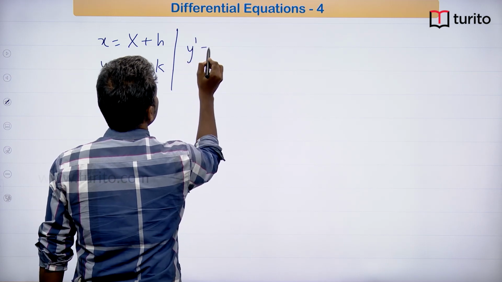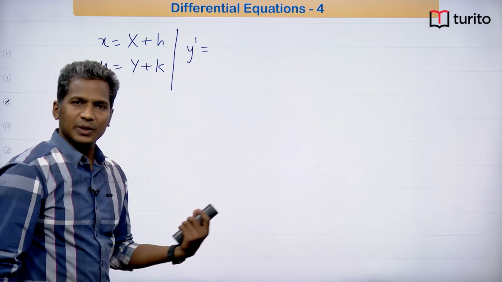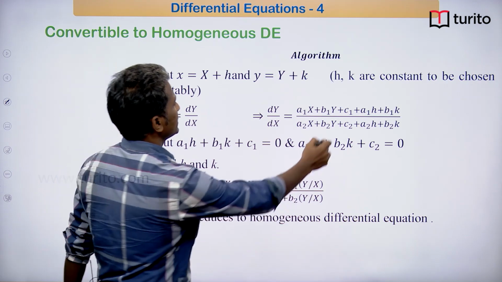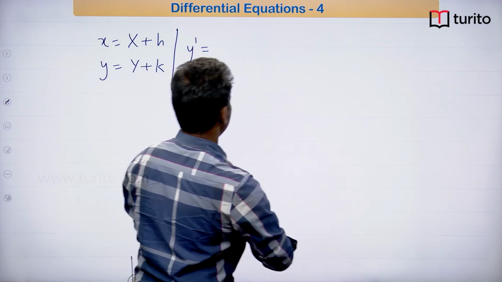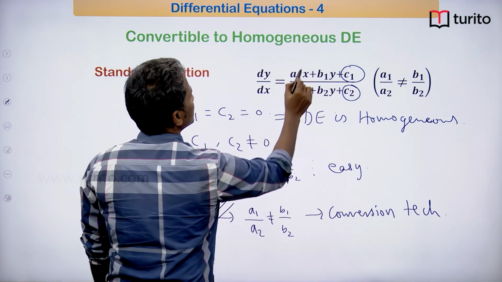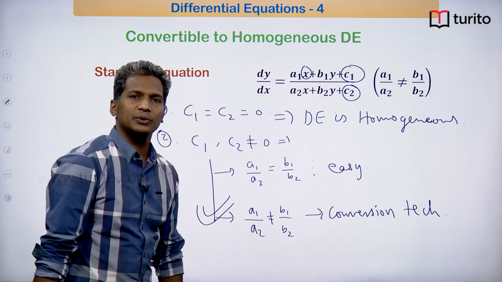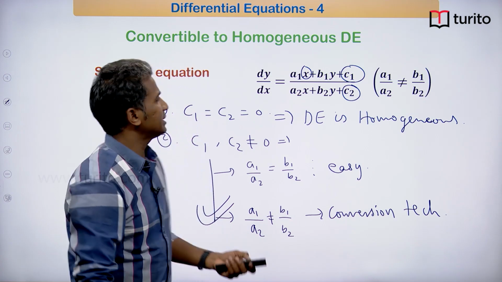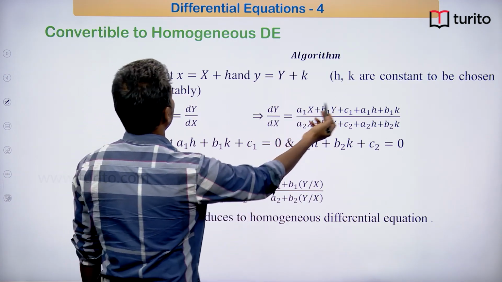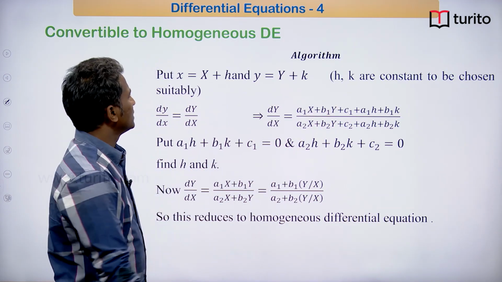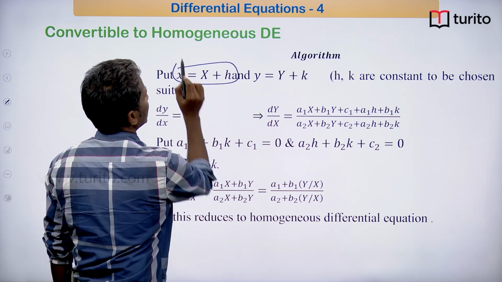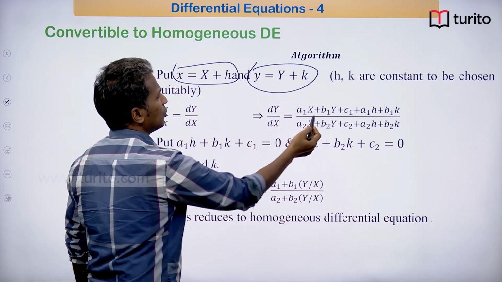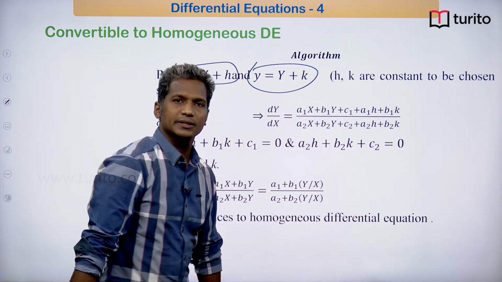It is y dash equal to a1x plus b1y plus, see this is the differential equation here. So, in place of x, I will put capital X plus h, in place of y I will put capital Y plus k, then it will look somewhat like this. Okay. So, when I substitute this for x and this for y, what do I get? I will get a term like this.